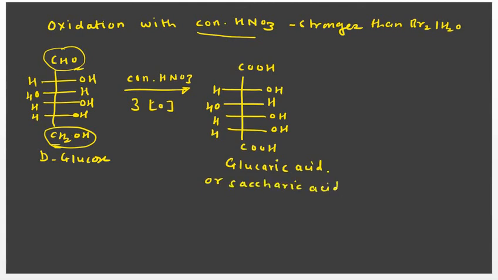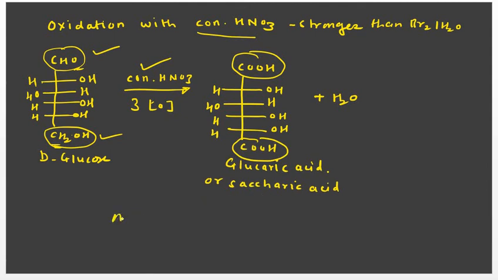Glucaric acid and saccharic acid are the same. So remember that when D-glucose is oxidized by using concentrated nitric acid, there is an oxidation of this CHO group as well as oxidation of this terminal CH2OH group, and hence we get glucaric acid as a product.